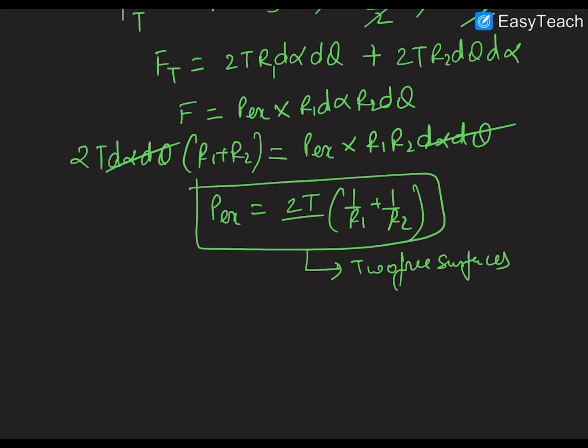But if there is only one free surface, P excess will be equal to T into (1 by R1 plus 1 by R2).